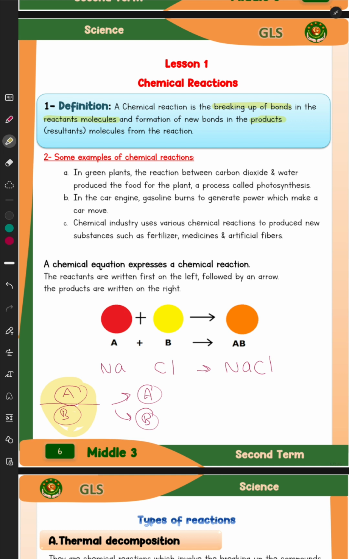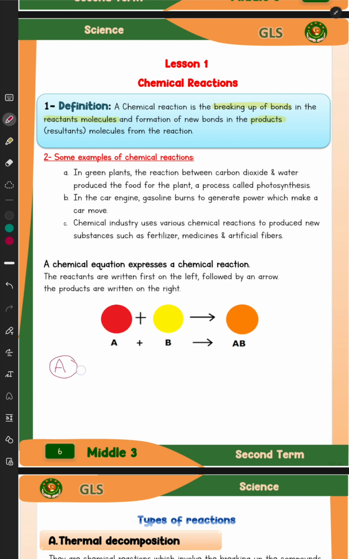Like what? If we have some substance like this, A and B, and C attached with D. So these are two chemical compounds, AB and CD.